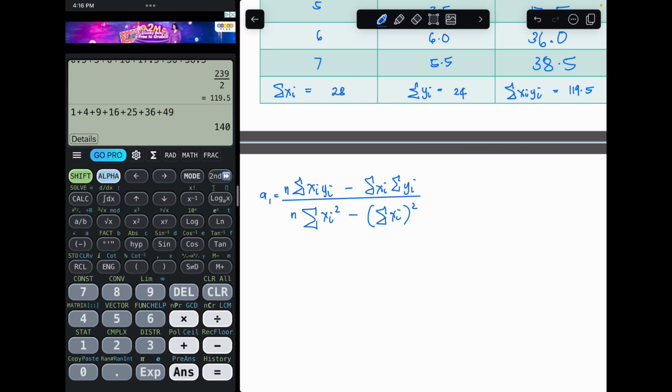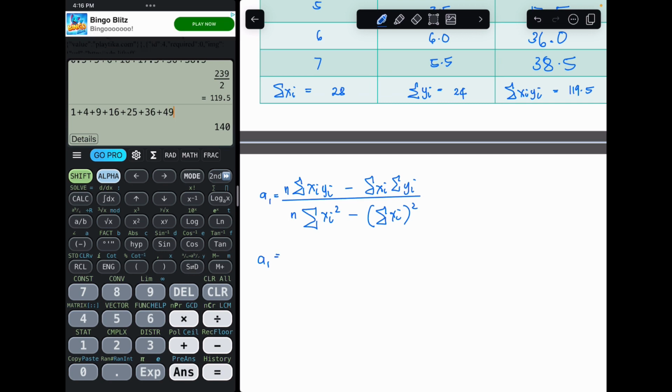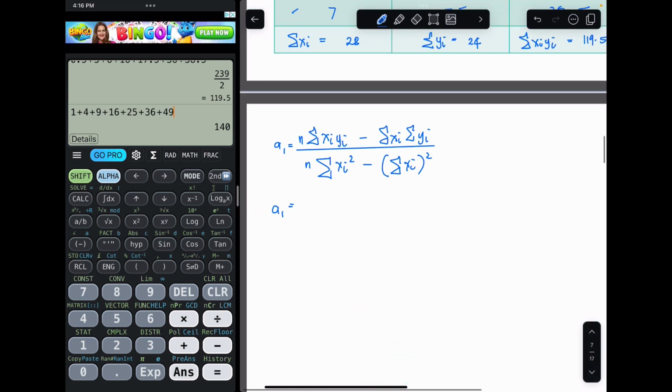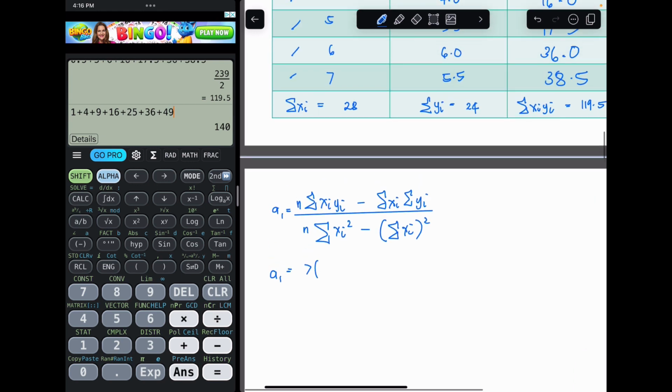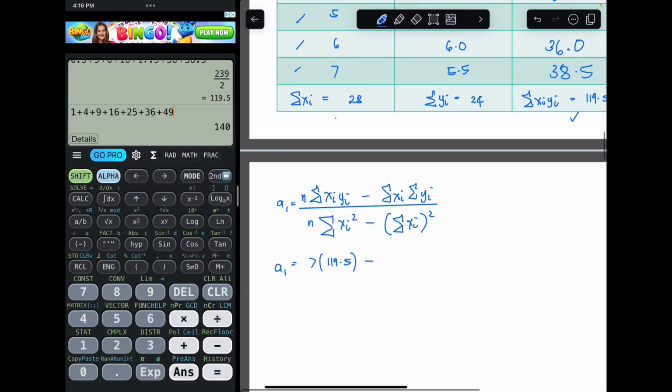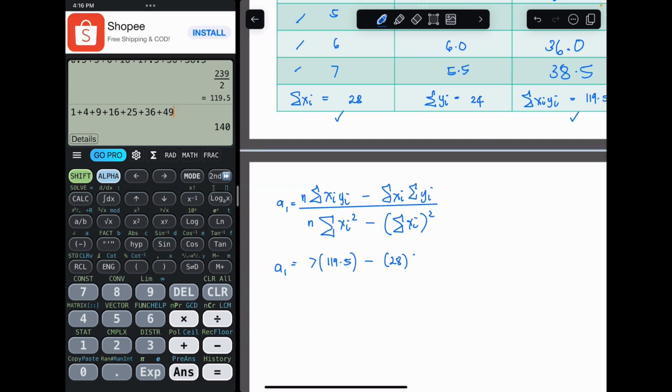So we can compute for a sub 1. Our n would be the number of data points. In this case, the total number of data points is 1, 2, 3, 4, 5, 6, 7. So n here is equal to 7. Thus we have 7 times the summation of x sub i y sub i, which is 119.5, minus the summation of x sub i, which is 28, times the summation of y sub i, which is 24.